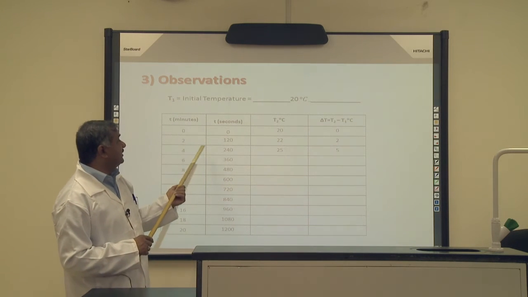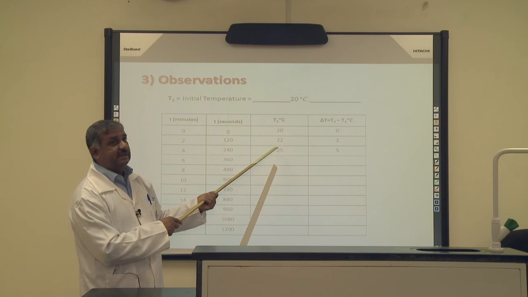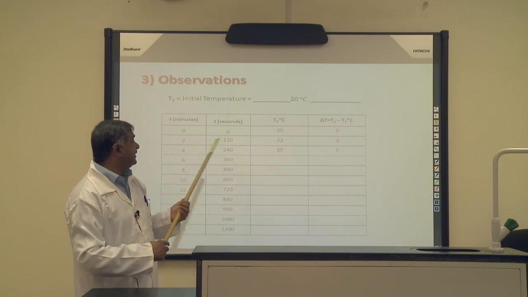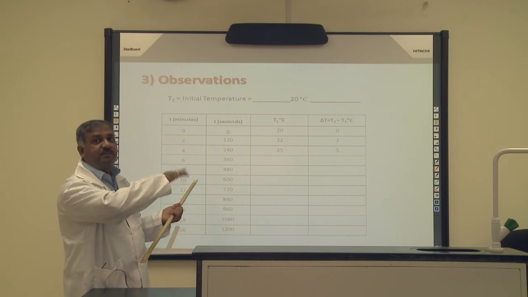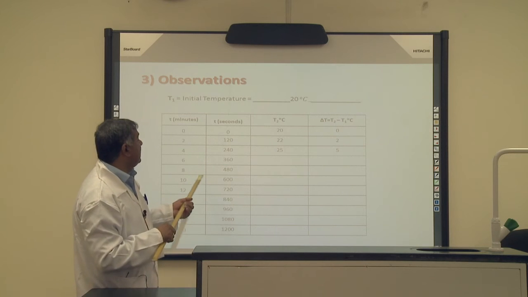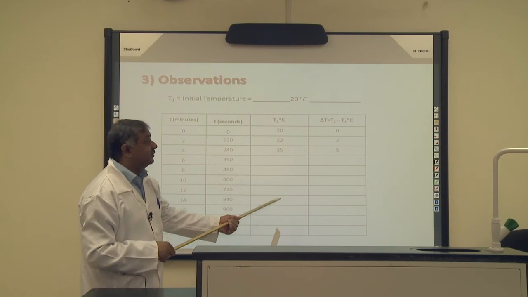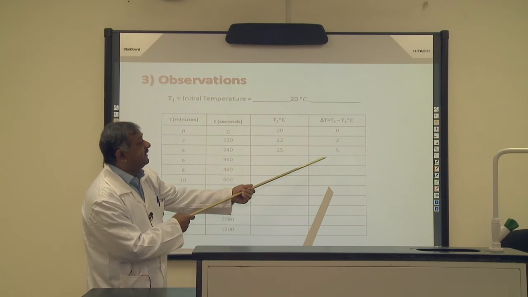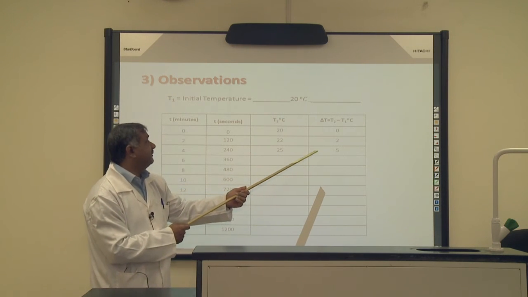After 2 minutes you can see the temperature rise, T2 I have noted, then 4 minutes, and so on up to 20 minutes. The last column shows delta T, the difference in temperature.